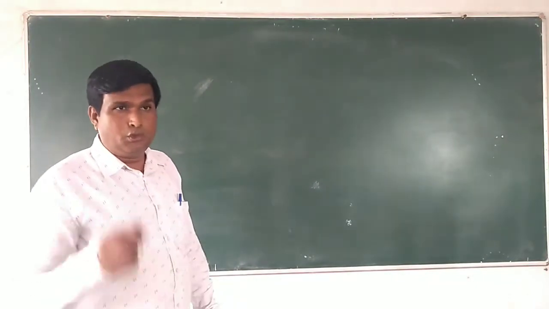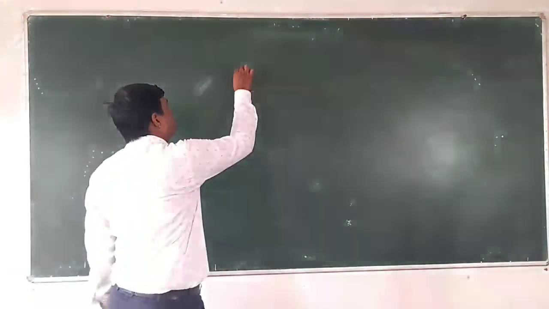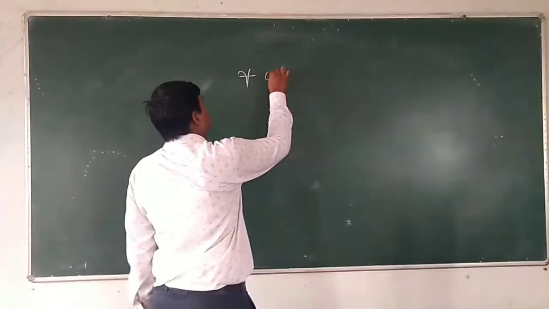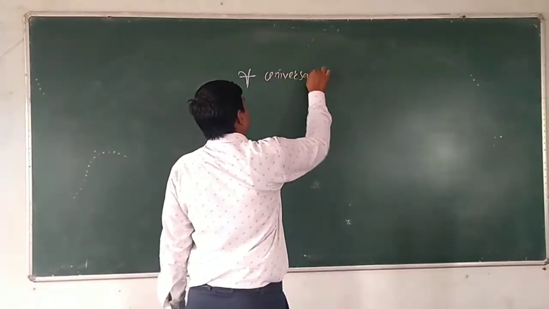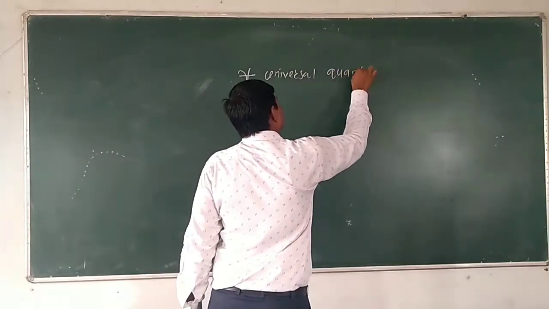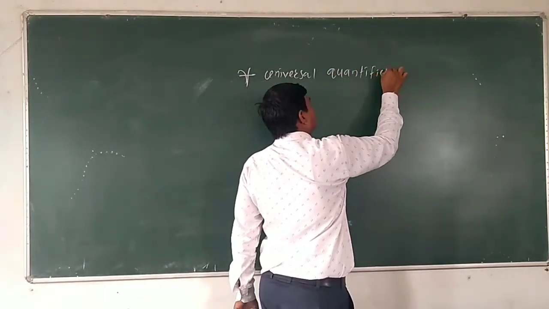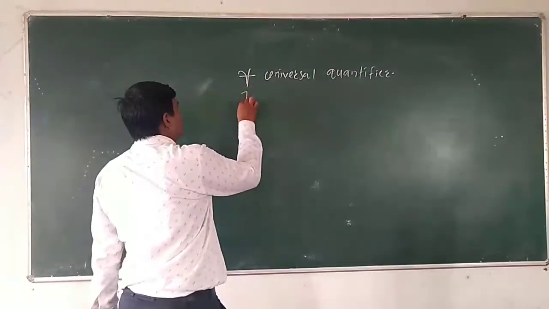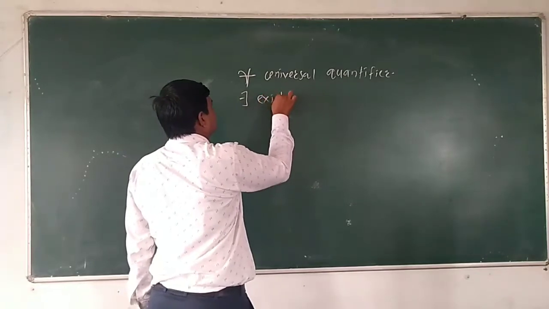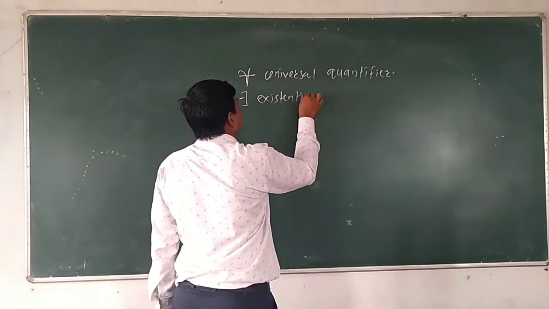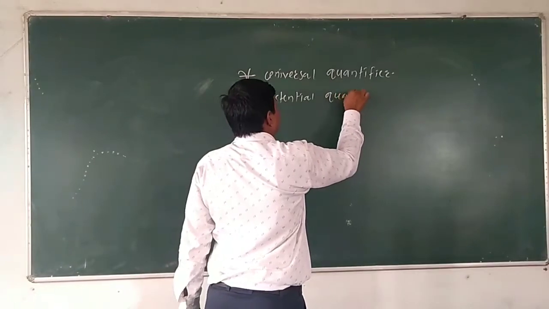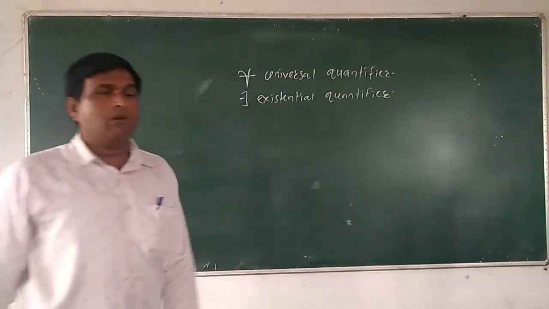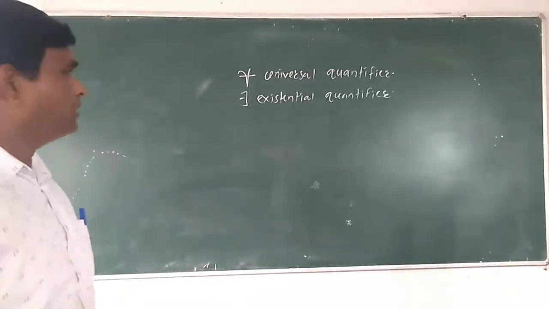First is the universal quantifier, which is denoted by this symbol, and second is the existential quantifier.